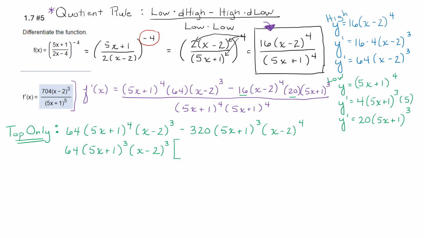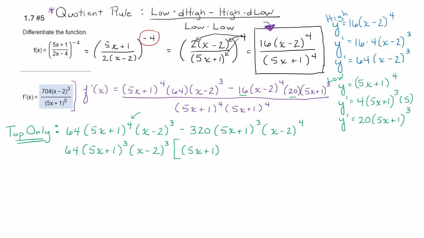And so now I'm going to simplify. The 64 and 64 divide out. With the 5x + 1, I've got a 4, but when I pulled out 3, that leaves just the 5x + 1, because I pulled out 3 of the 4.